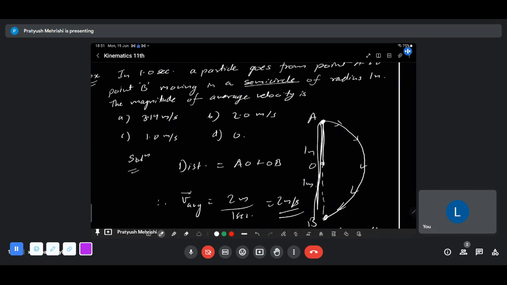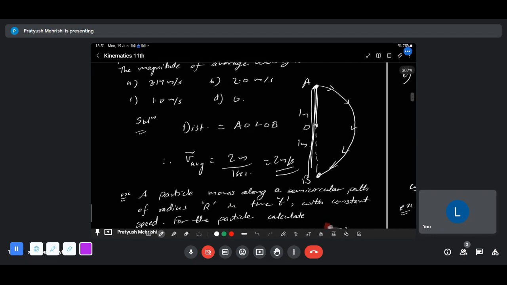It is covering a semicircle, not a quarter circle. For semicircle it is 2 meter per second because the diameter is 2 and it is covering it in 1 second. In 1 second, particle is going from A to B. So the answer is 2 meter per second.